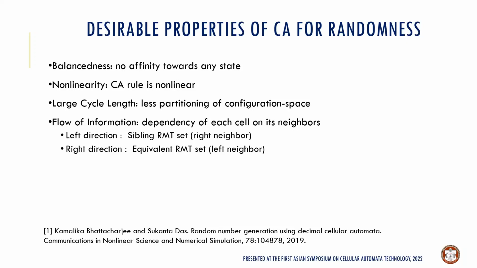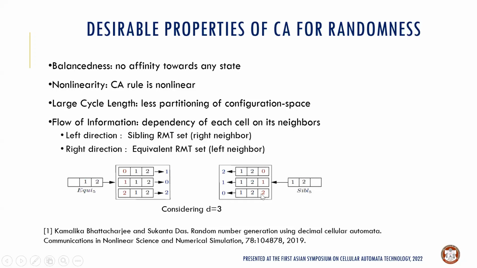There are 2 ways. One is left directional flow of information, where we can consider the sibling RMT set. I have considered D equals 3. These 2 values, X and Y, are the same, whereas Z can be different.